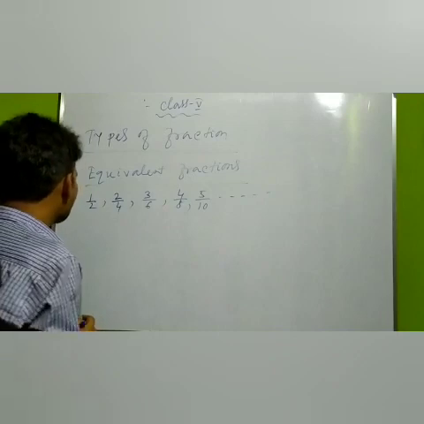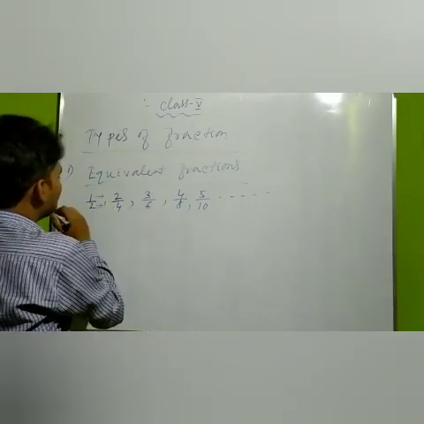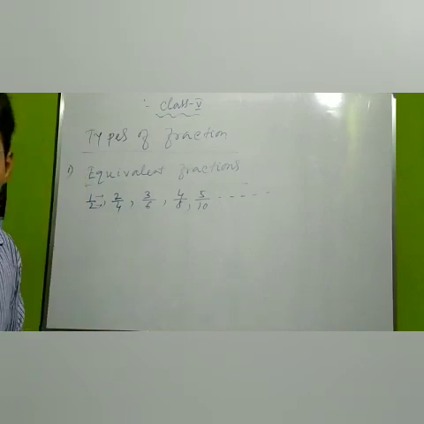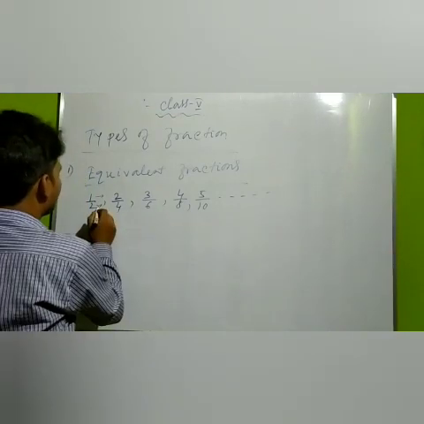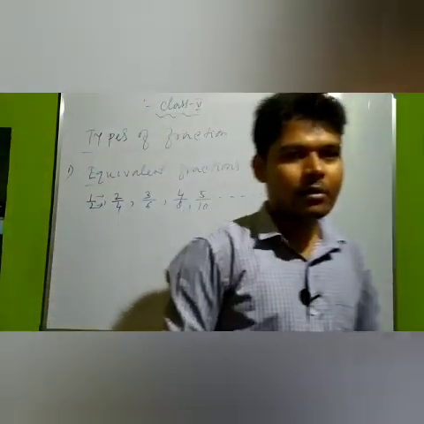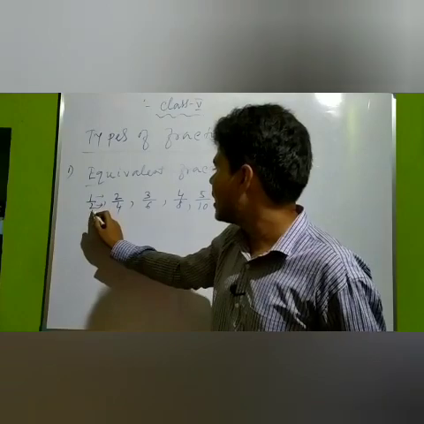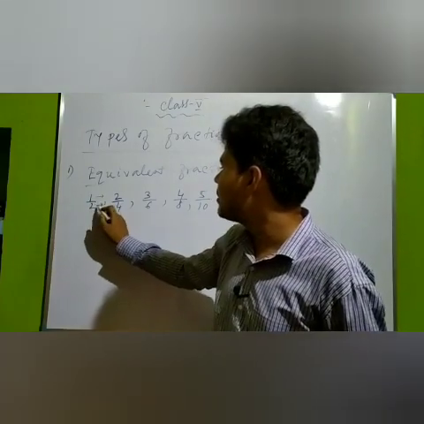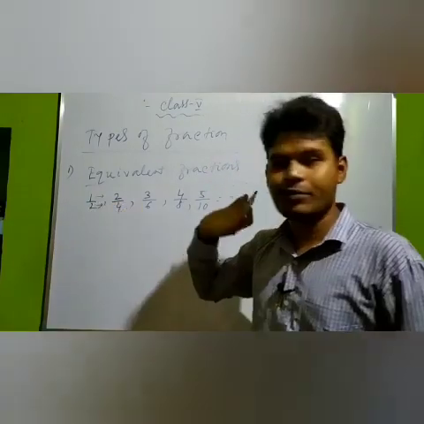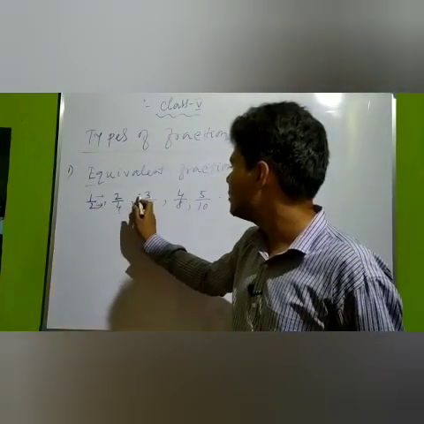Why? Because the value of the upper and lower portion number are multiplied by the same number. Here 1 and 2 both are multiplied by 2, then we get 2 by 4. When it is multiplied by 3, we get 3 by 6.